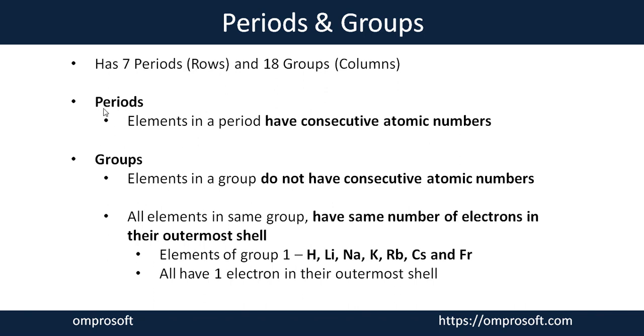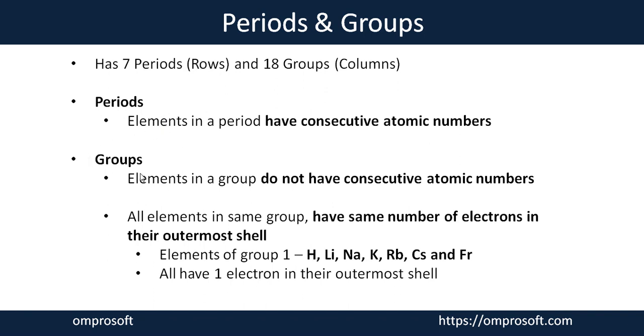While we see that in periods, the elements arranged in the period have a consecutive manner in atomic number. It means the arrangement of the elements is like 1, 2, 3, 4, 5, 6. That atomic number order is followed while we move along the period.